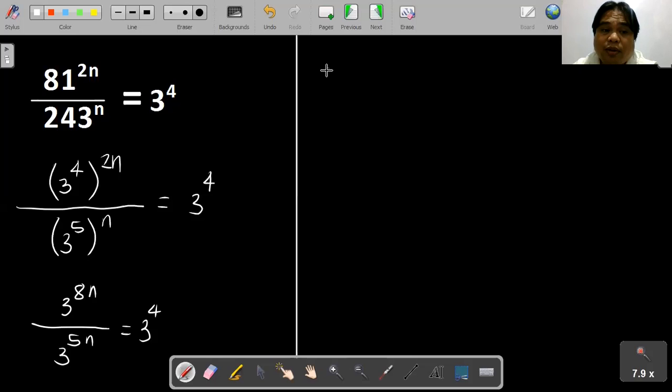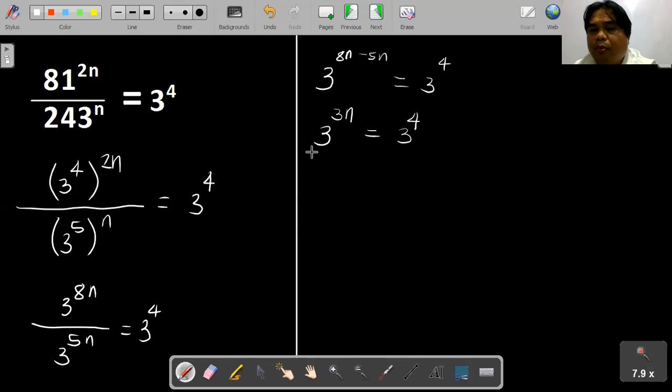So we will now have 3 to the power of 8n minus 5n equal to 3 to the power of 4. And then 3 to the power of 3n equal to 3 to the power of 4.